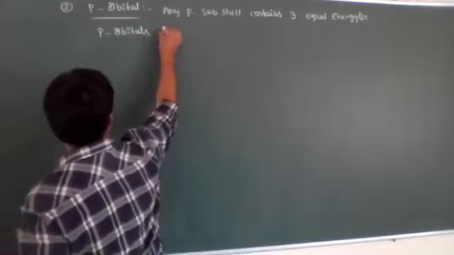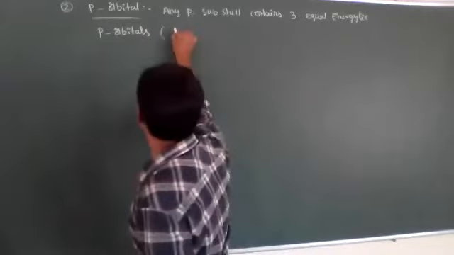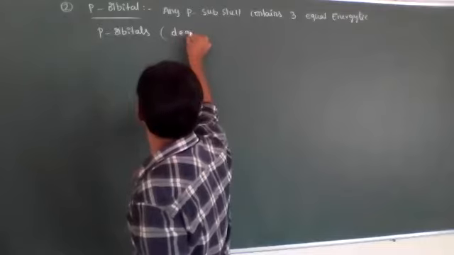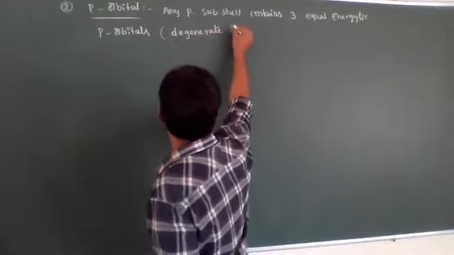The three equal energetic p orbitals are also known as degenerate orbitals.